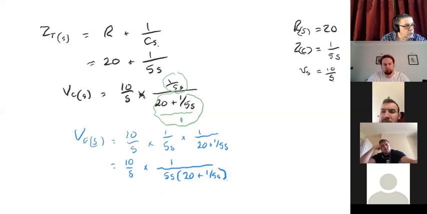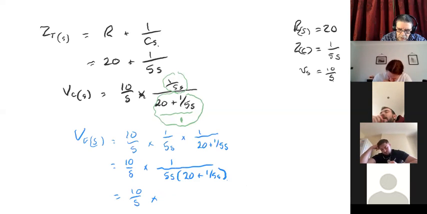So that equals 10 over s times 1 over 5s times 20 is 100s. And then we get plus 5s over 5s.